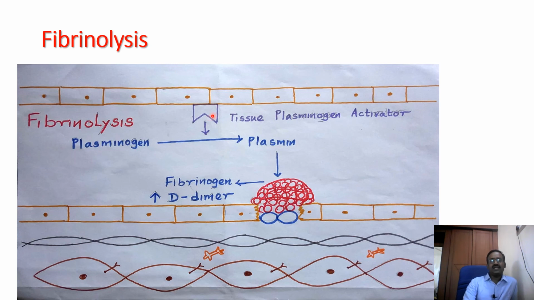It converts plasminogen to plasmin. This plasmin degrades the fibrin clots, insoluble fibrin to soluble fibrin degradation products. At that time the D-dimer increases.